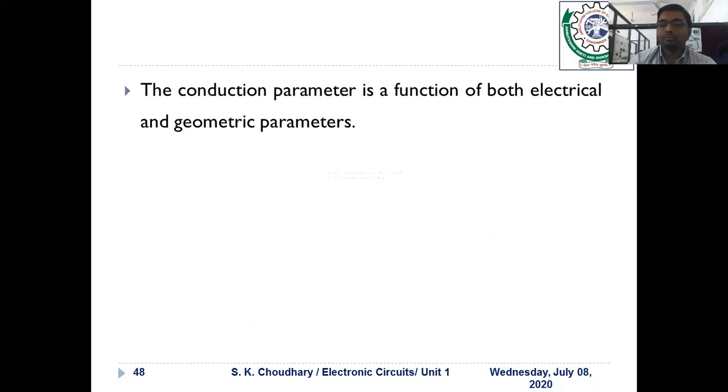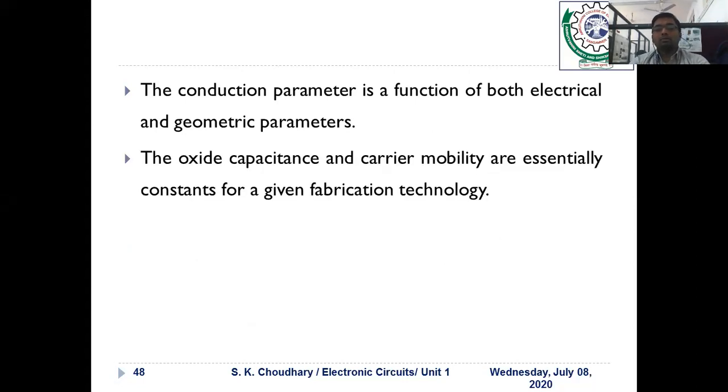Now, what are the electrical terms here? Carrier mobility, that is mu n, and Cox, the oxide capacitance, both are electrical parameters, and they remain constant for a given fabrication technology.